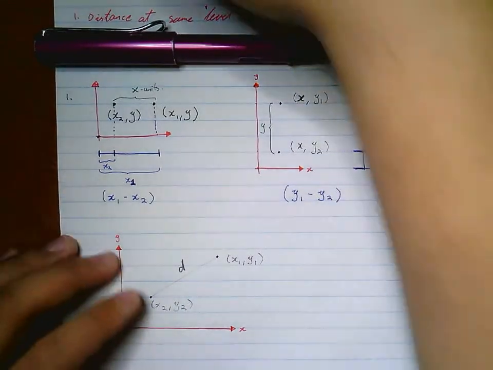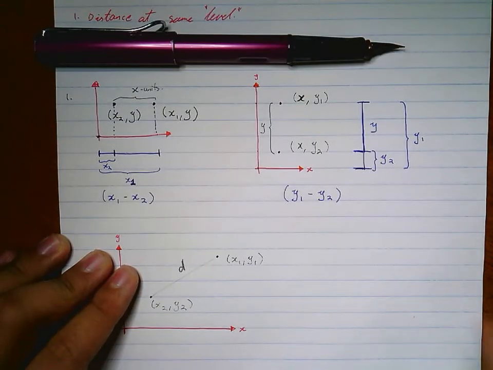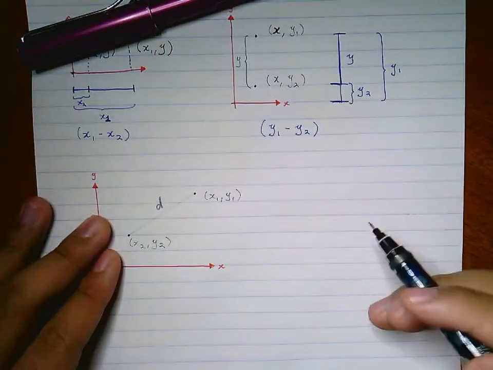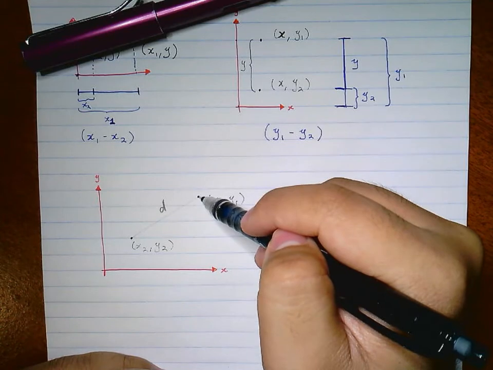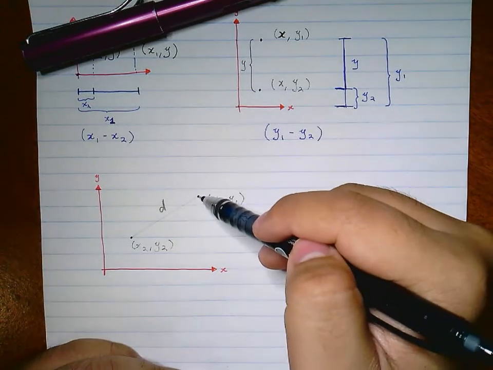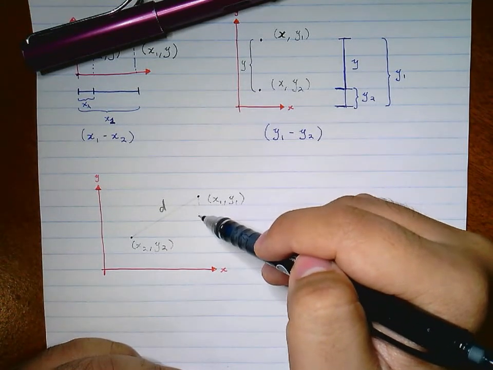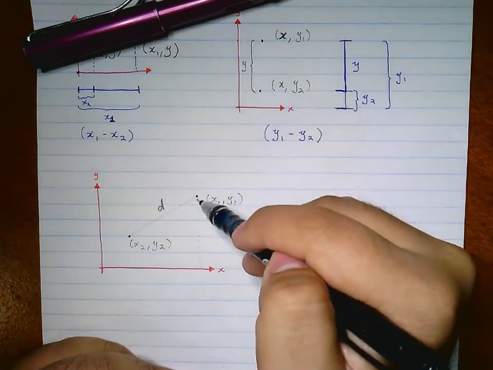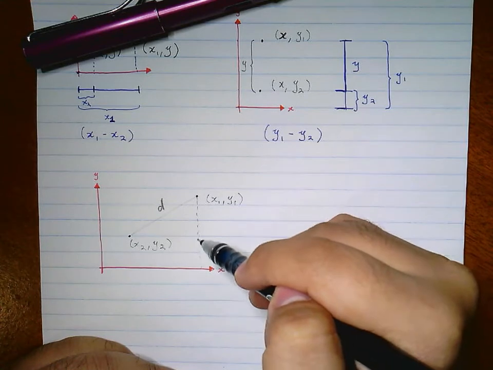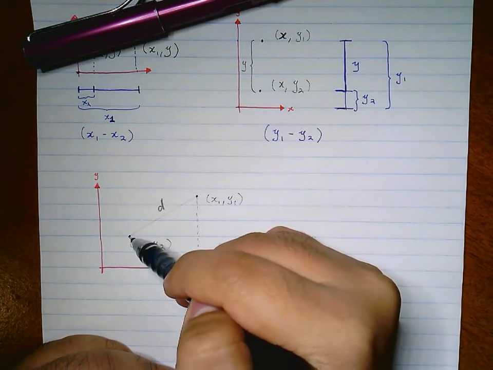Well, what we can actually use is Pythagoras' theorem. First, what we need to do is draw a triangle. So if we take this point here and just extend, or at least imagine that we have that point there going down like that. Same goes for this one.